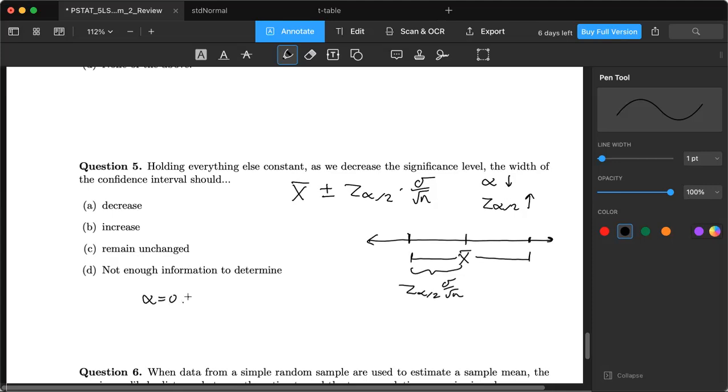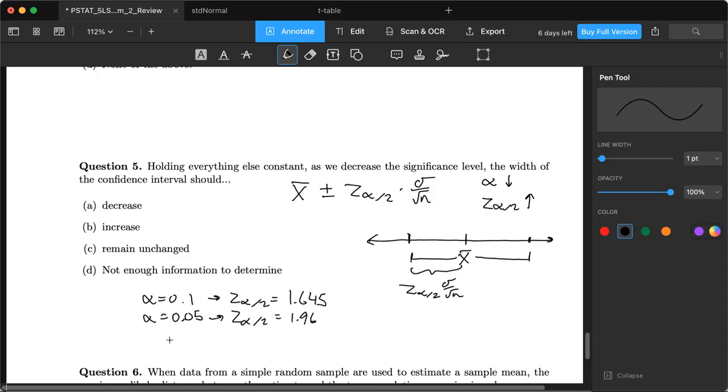So for a 90% confidence interval, if alpha is equal to 0.1, z sub alpha over 2 is equal to 1.645. When alpha was equal to 0.05, so decreasing, for a 95% confidence interval, z sub alpha over 2 is equal to 1.96.